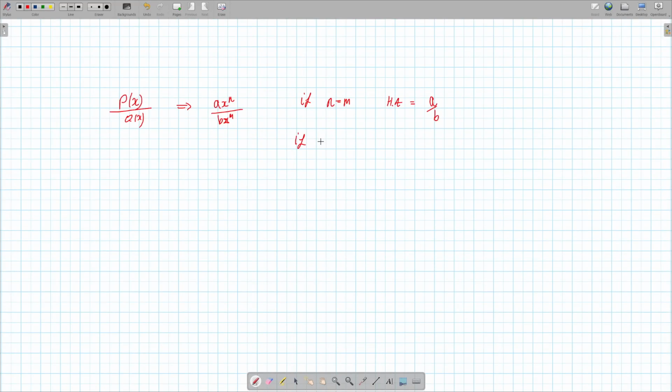If n is greater than m, the horizontal asymptote does not exist. So say DNE. If n is less than m, the horizontal asymptote is equal to 0.